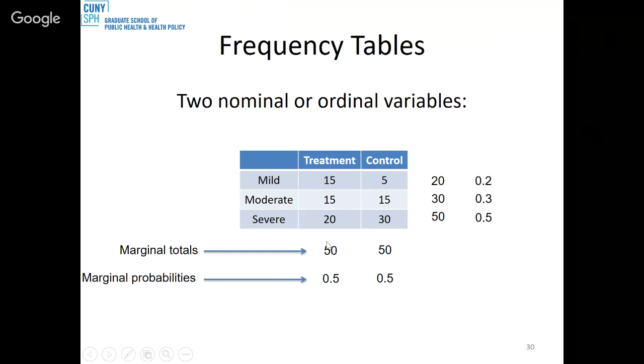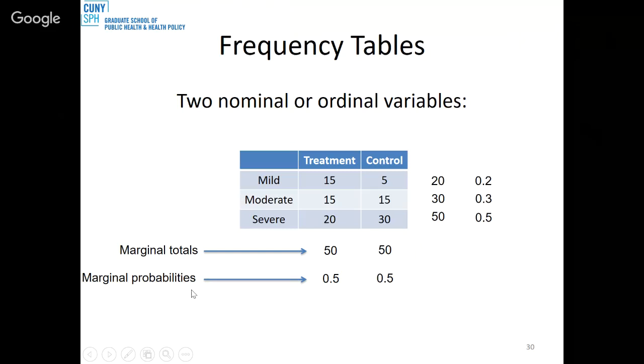If instead of writing these as counts, we convert them to probabilities, we'll get into probabilities in a couple of classes, but here just to say that if you have 50 treatment and 50 control, that means that your probability of being in the treatment group is 0.5, and your probability of being in the control group is also 0.5.